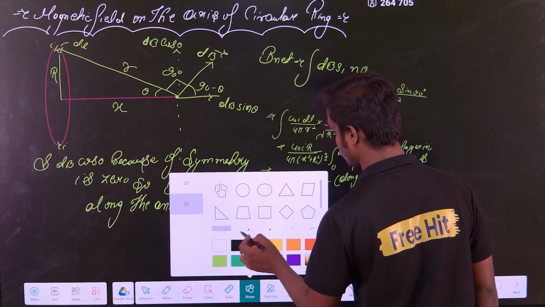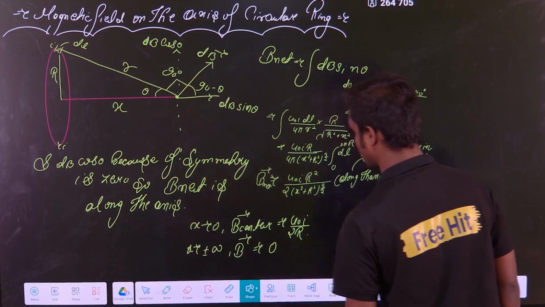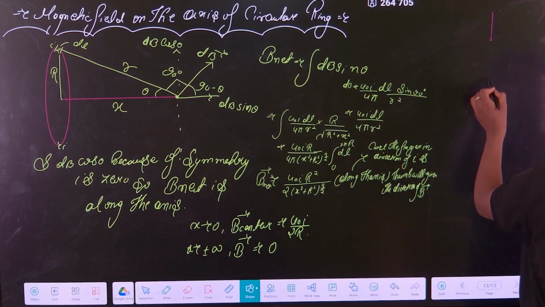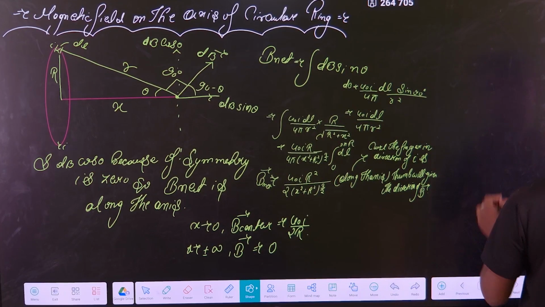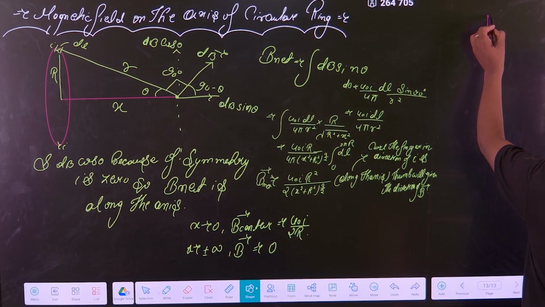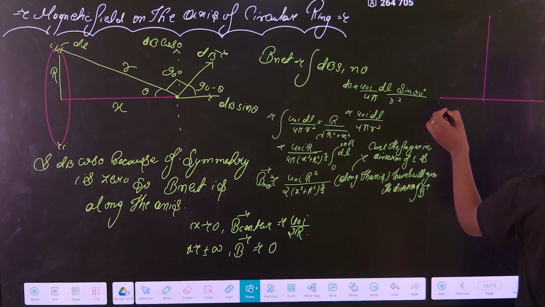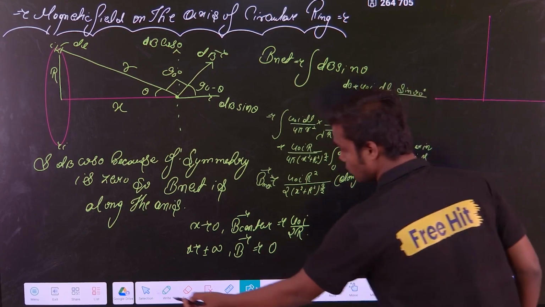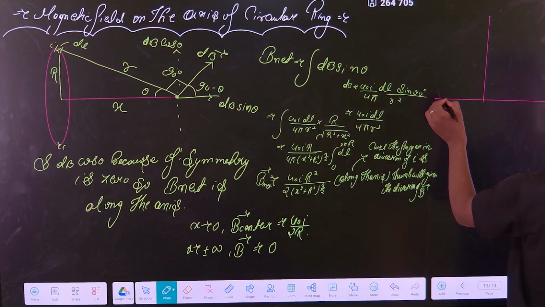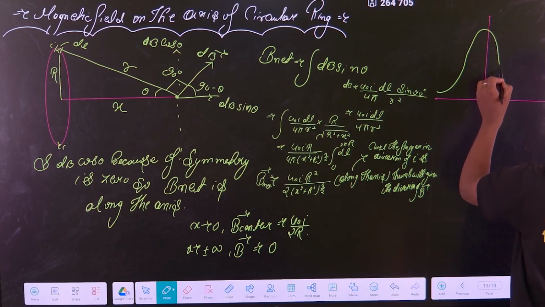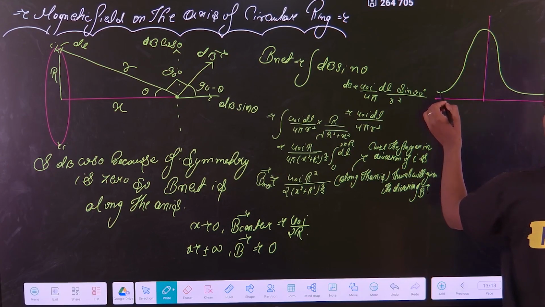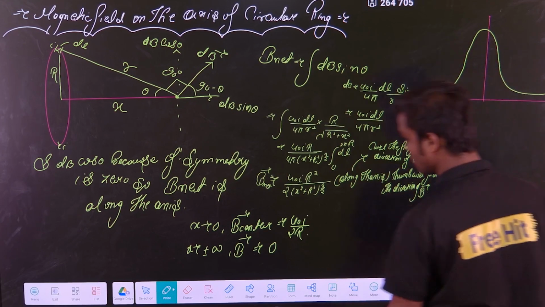If I draw the graph for this, can you comment about how it will look? Are you able to comment on the graph? See, your approach should be mathematical, then you will understand things in a better way. You have to be a little mathematical. Okay, obviously it will be something like this.